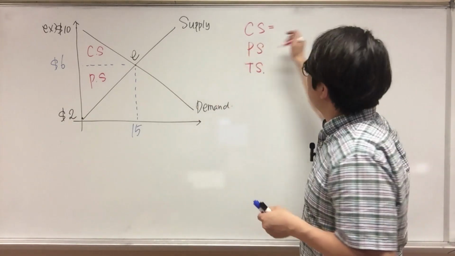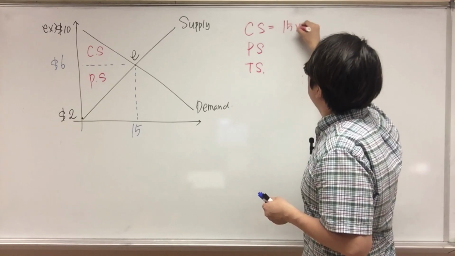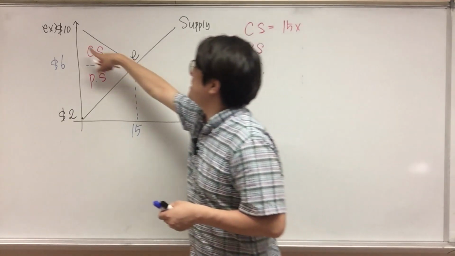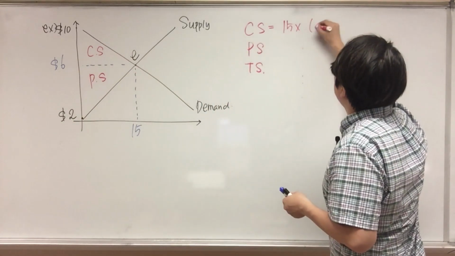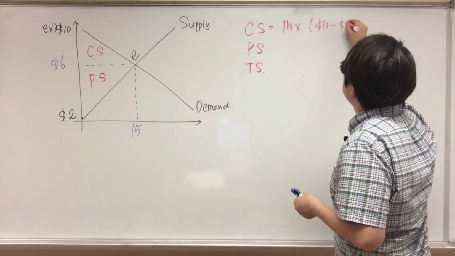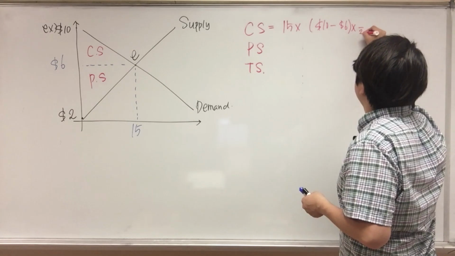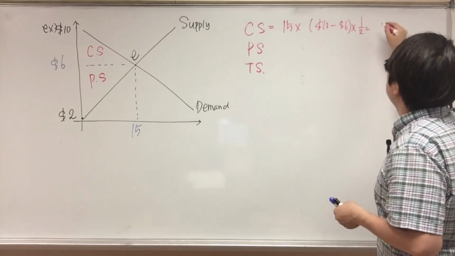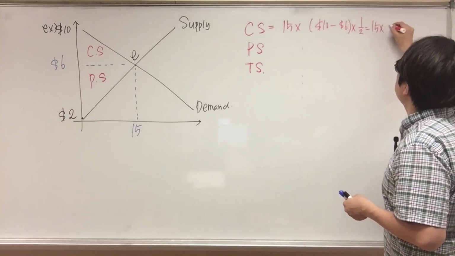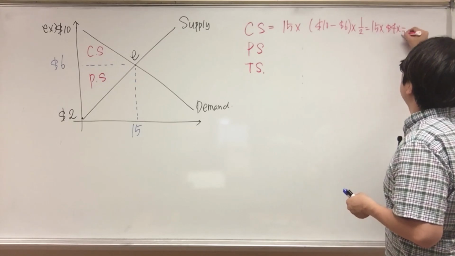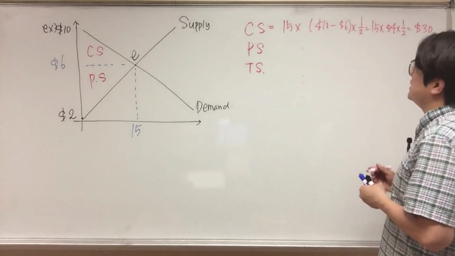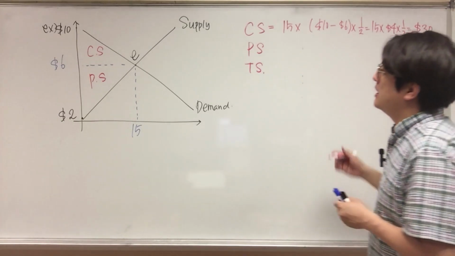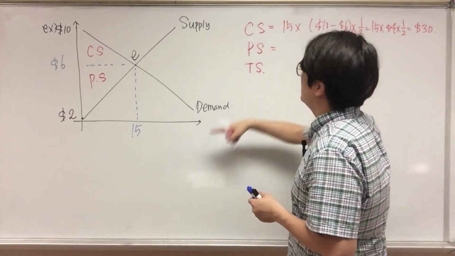Its base is 50, times height is 10 minus 6, correct? $10 minus 6 times 1/2. What is that? 50 times $4 times 1/2, it is $30, correct?